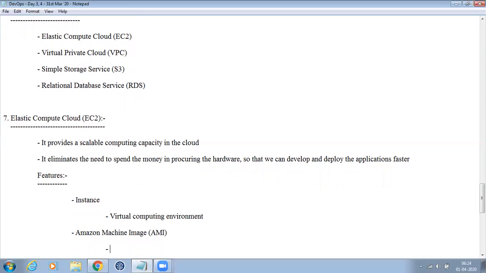We can say it is a pre-configured template for the instances, which will have operating system and any other software, preferably I can say operating system.